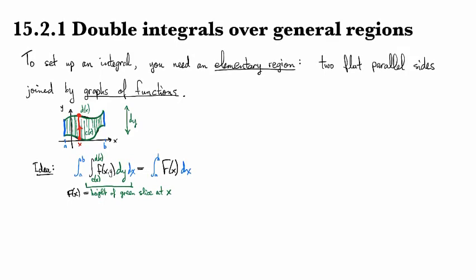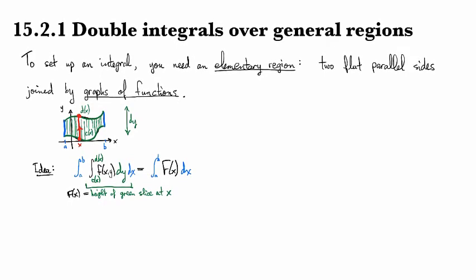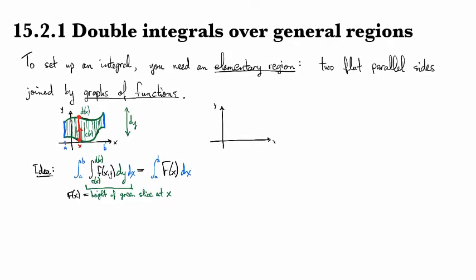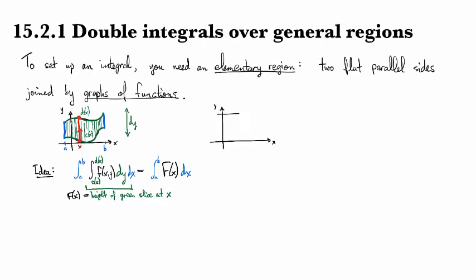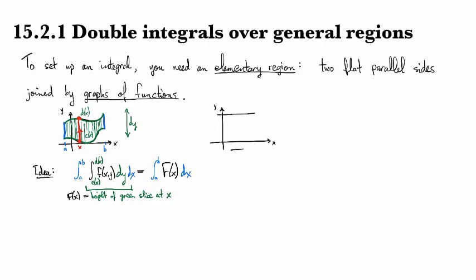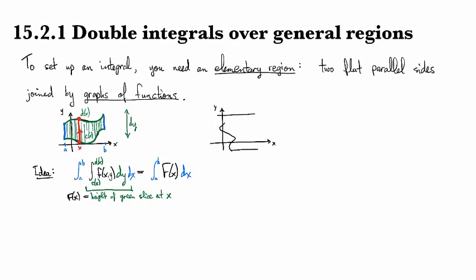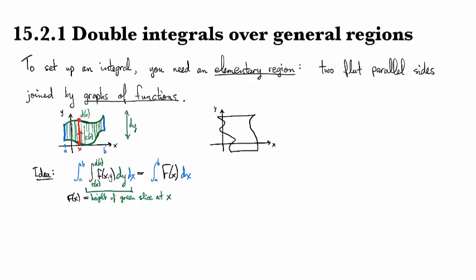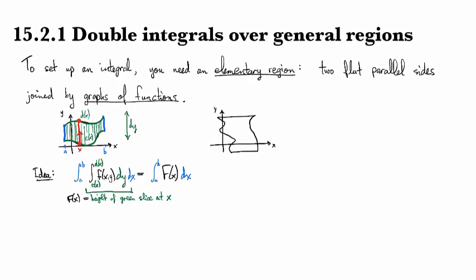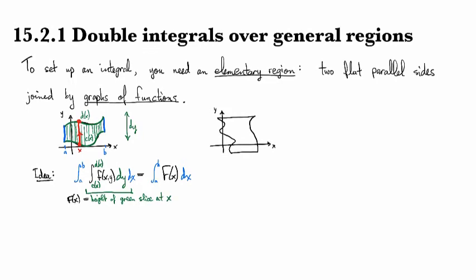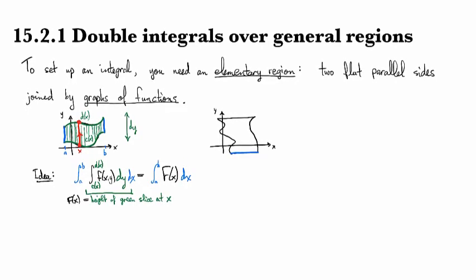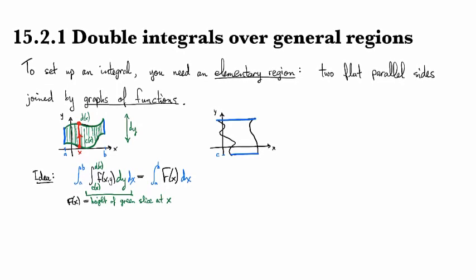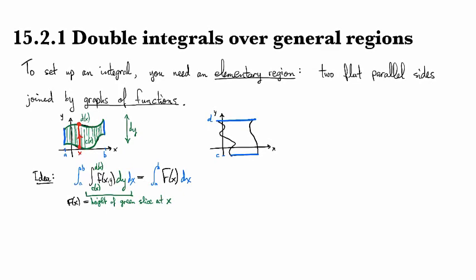So that's an example. Then I could also have something like this. Okay, so now I've got this flat line parallel to an axis down here at c, and this flat parallel line up here at y equals d.